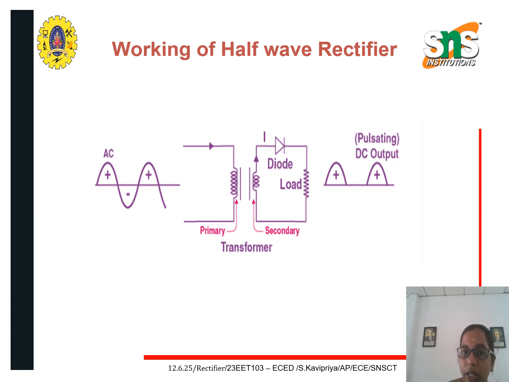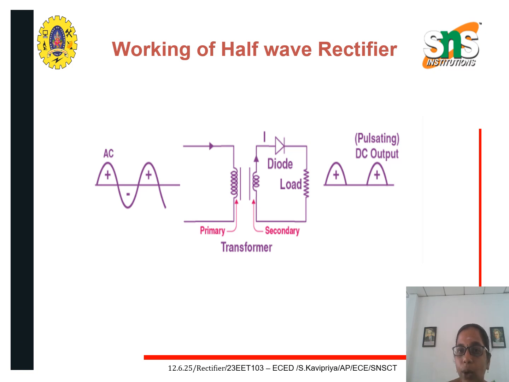During the positive half cycle of the input signal, the diode will be conducting and the AC signal will be rectified into a DC signal. During the negative half of the input signal, the diode will not be conducting, hence we won't get a rectified DC signal during the negative half of the AC input signal.